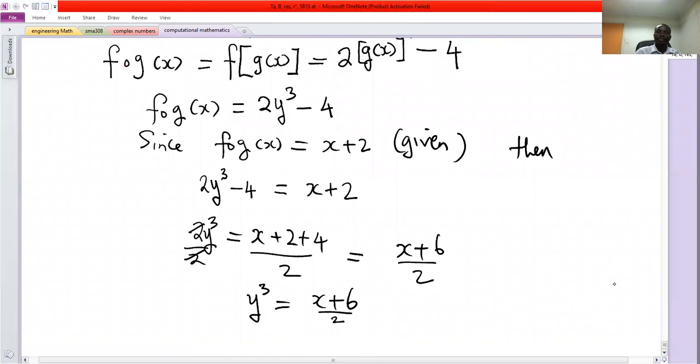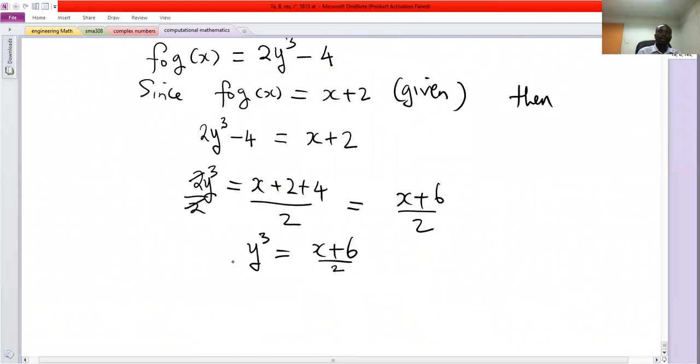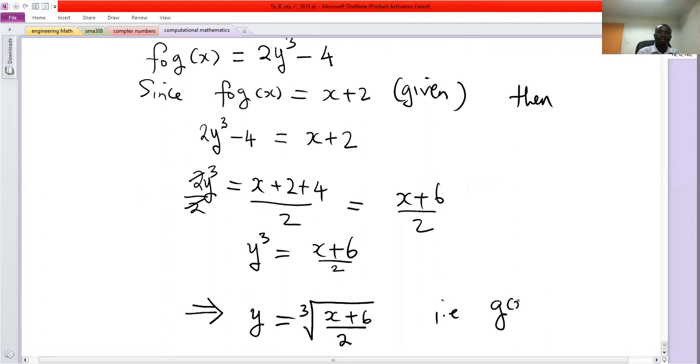And then to get y, you simply take the cube root on both sides, which tells us that y would be the cube root of x plus 6 over 2, i.e. the required function g of x is the cube root of x plus 6 divided by 2.